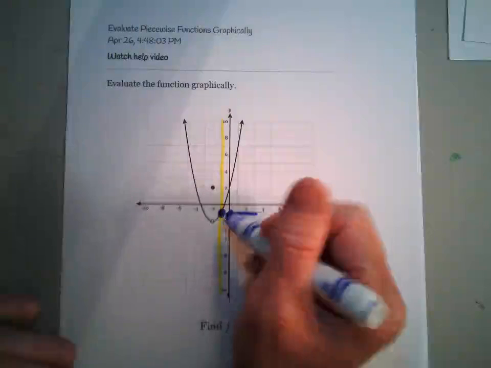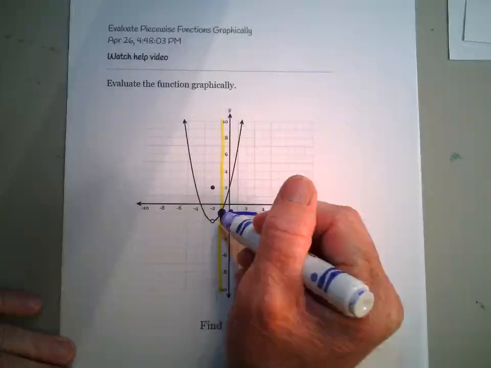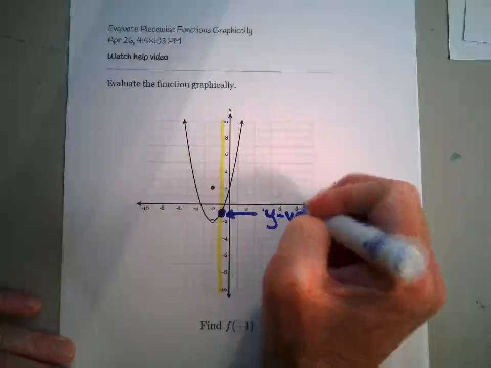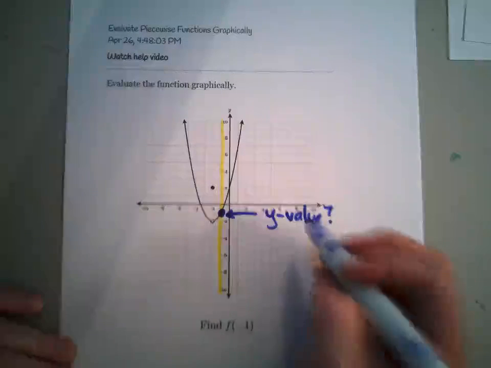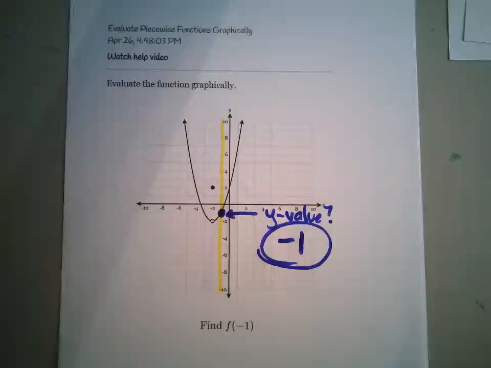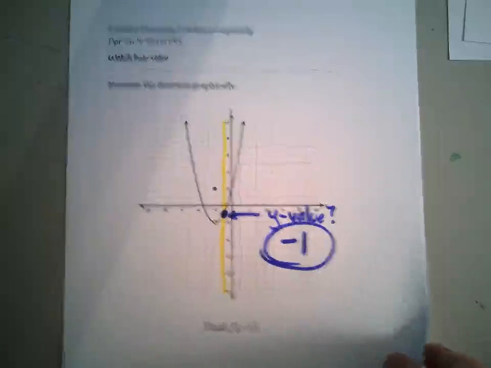Based on this ordered pair, this point sitting right here, what is that y value? This y value would be negative 1, and that's what you would plug into Delta Math. What is the y value? It's as simple as that. So I'll show you a couple more.